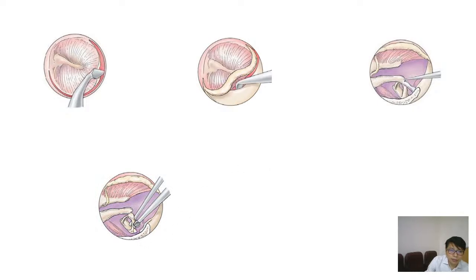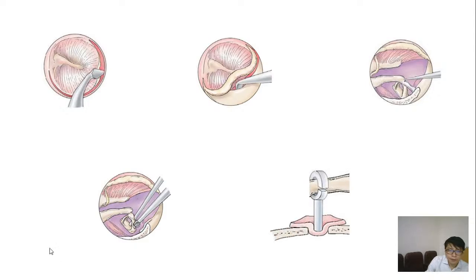So this is cutting the posterior crura. After doing that, only the stapes footplate and the long process of the incus will remain, so there is a discontinuity between these two structures.